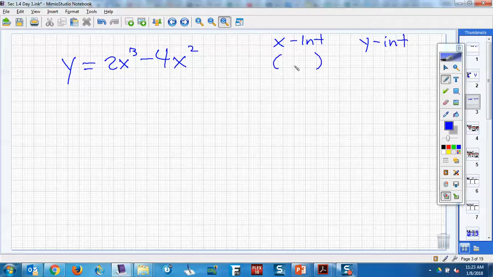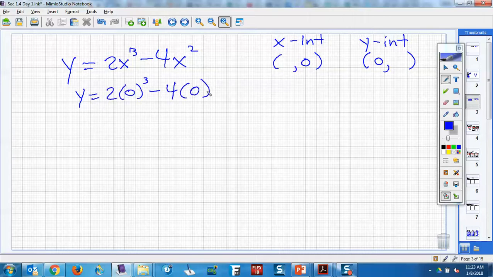X-intercepts are when you have y equal to 0. Y-intercepts are when you have x equal to 0, right? So a y-intercept is when you put a 0 in for x. So that, of course, is easy. That's going to be y equals, I don't expect you to show all this work necessarily, but that's just going to be 0. So the y-intercept is going to be 0, 0.